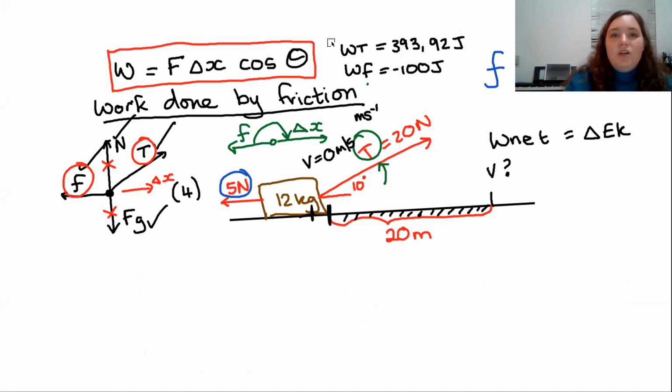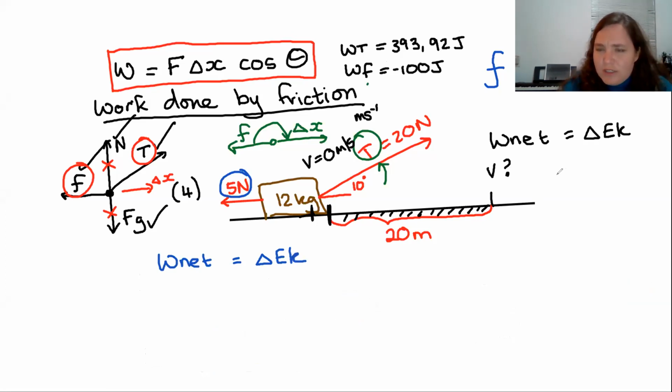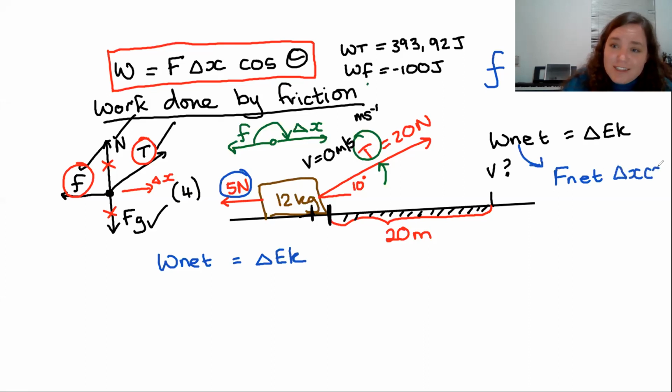All right, so if I continue from over here, I can say that the net work done is equal to the change in kinetic energy. Now, all of you remember when you did net force, so F net was the sum of all of the forces. It is possible for you to actually replace W net with F net delta X cos theta.